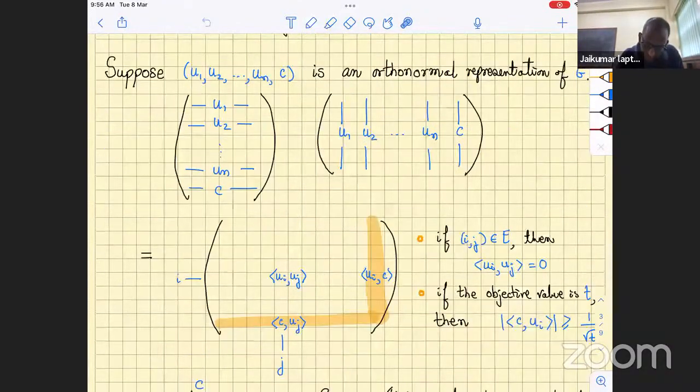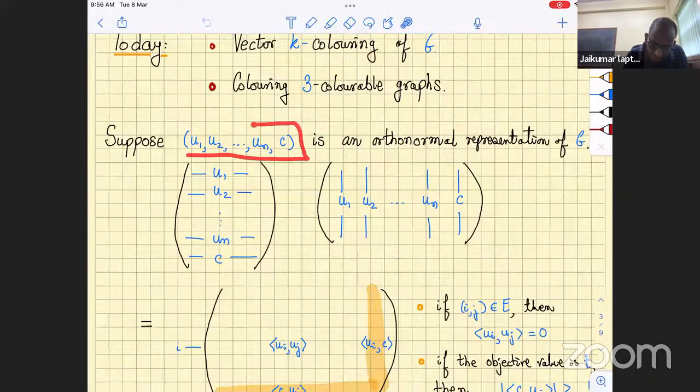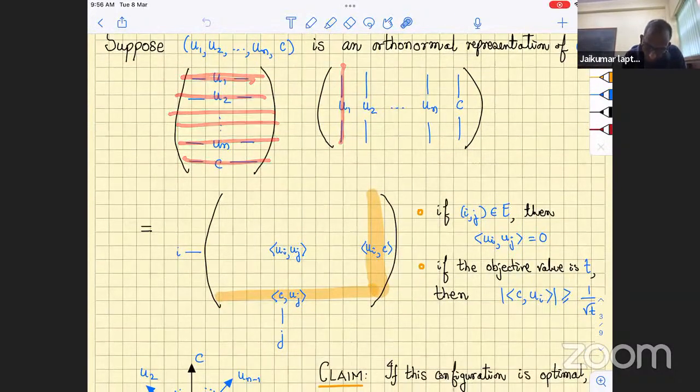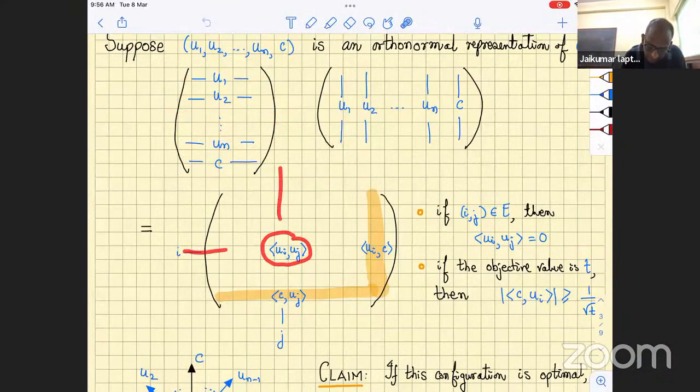So what is the situation? Suppose somebody has given us an orthogonal representation, that is an assignment of vectors to all the vertices, and a handle c. Let us list all these vectors as column vectors of this matrix and just take the transpose of that matrix. So here it's a column, here it's a row. Then what do you get in the ijth entry here?